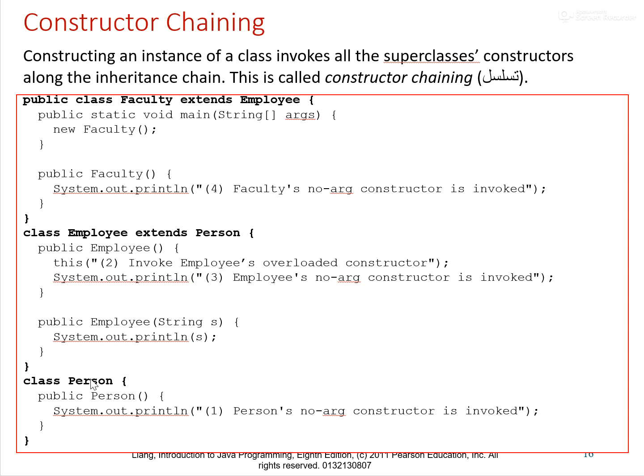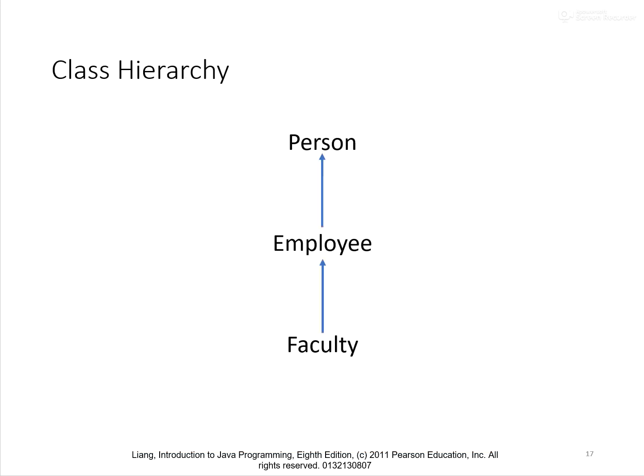Deriving or inheriting from it is employee, and inheriting from employee is the class faculty. So basically this is the hierarchy between these classes. Person, the superclass at the top, employee, the subclass, and faculty, a subclass of employee.